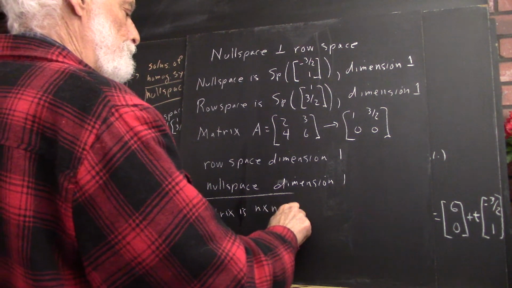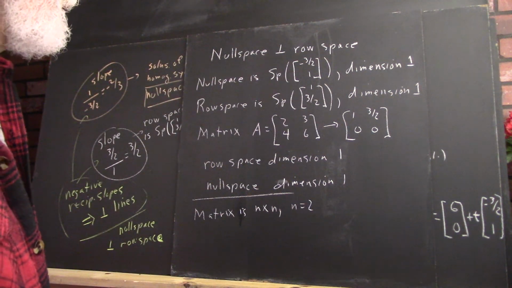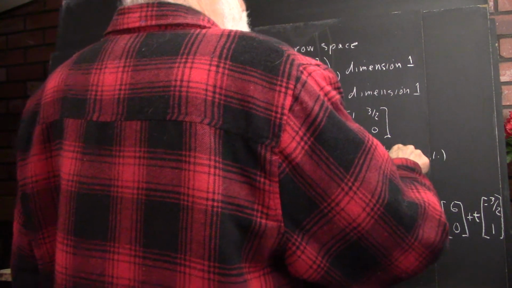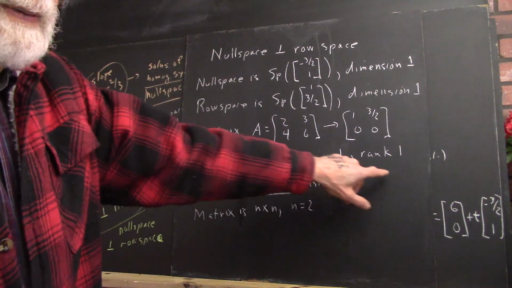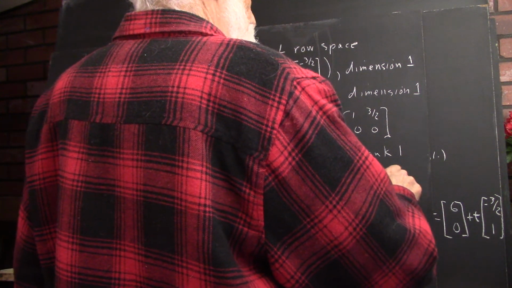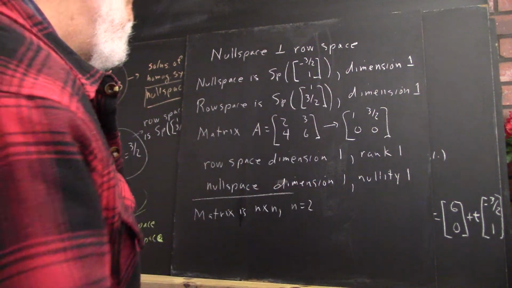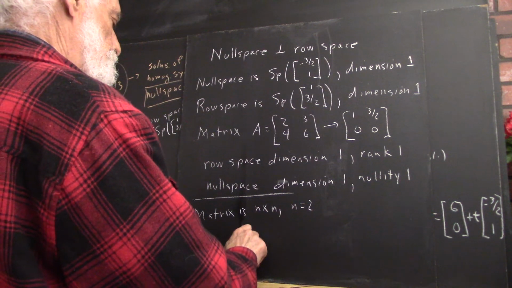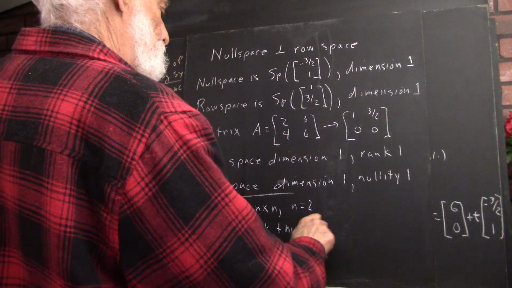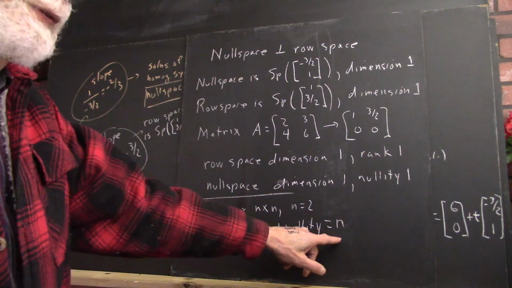The matrix is n by n, with n equal to 2. The dimension of your row space is what we call the rank. The null space has dimension 1; we call that the nullity. And the rank plus the nullity is 1 plus 1, which equals n, which is 2.